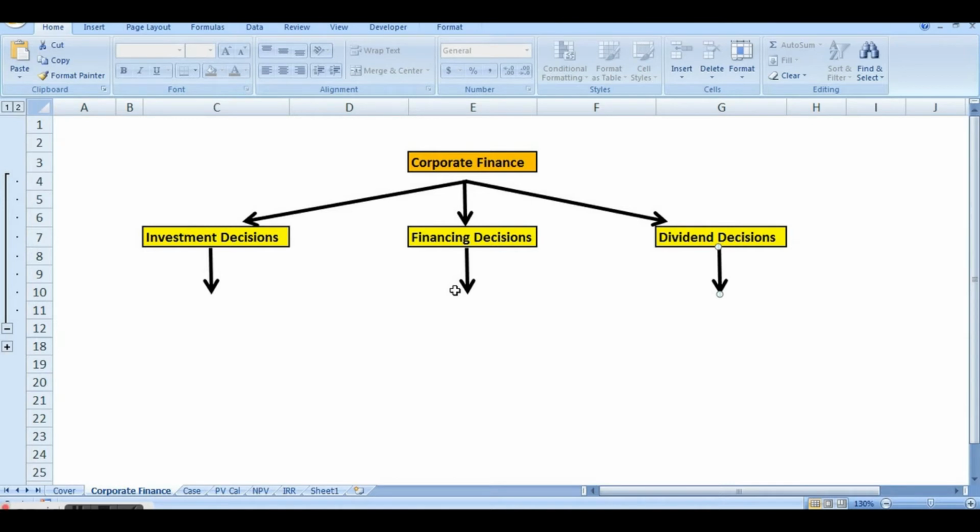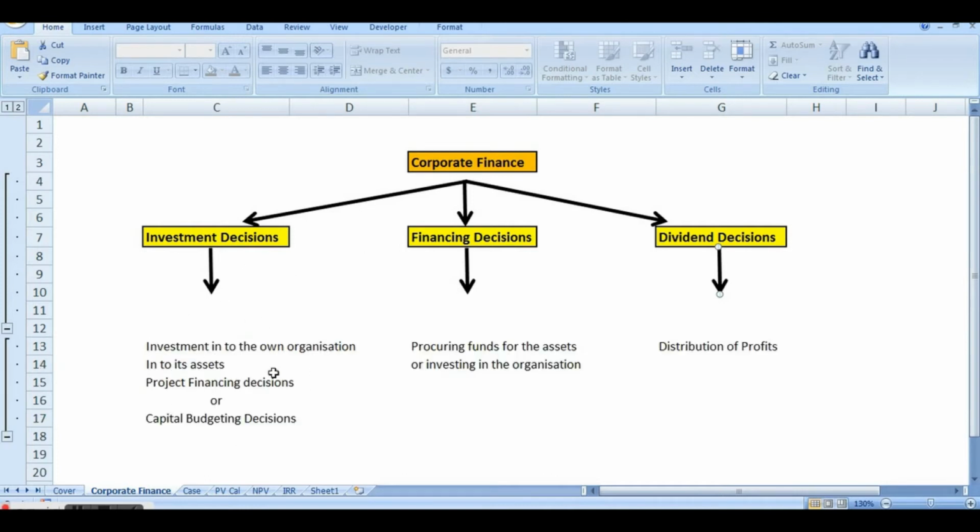So is it that you simply select the machinery with the lowest purchasing cost, or are there other parameters? Definitely there are other parameters as well, which we try to cover under project financing studies. As I said, it is investment into the organization's own assets. It is called either project financing decisions or capital budgeting decisions. I'll correct it: it's not only into its assets, but I will say non-current or long-term assets.